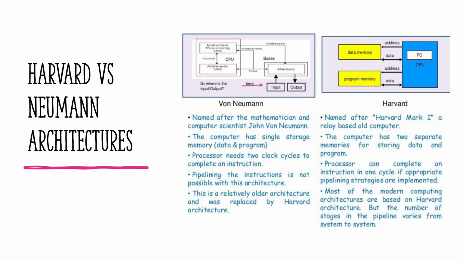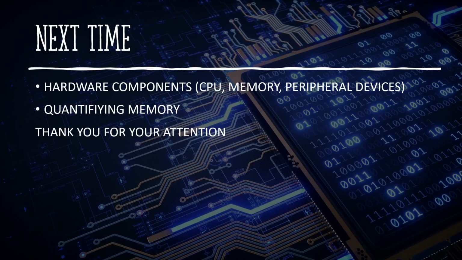There's the data memory and there's the program memory. The processor can complete an instruction in 1 cycle if appropriate pipelining strategies are implemented, and most modern computers are based on Harvard architectures, but the number of stages in the pipeline varies from system to system. We'll discuss pipelines some other time.